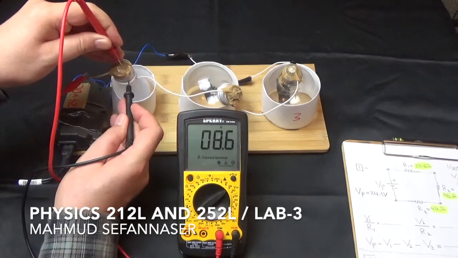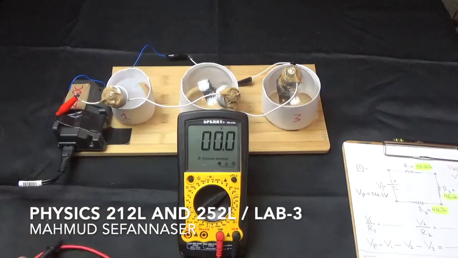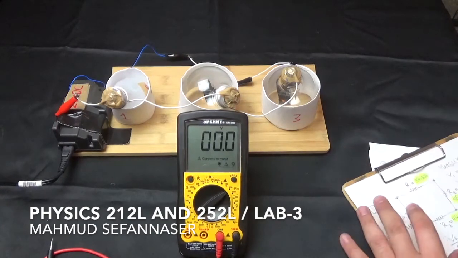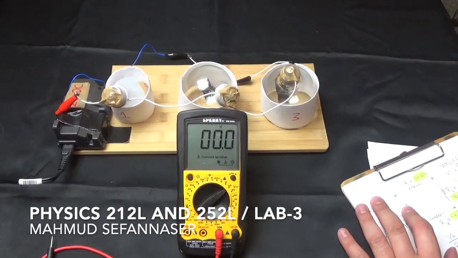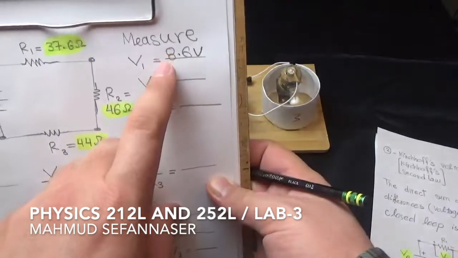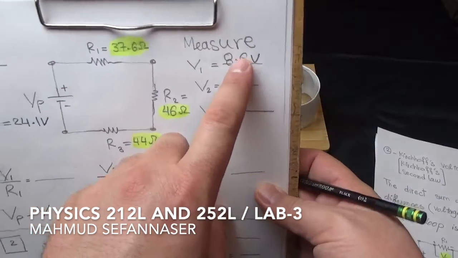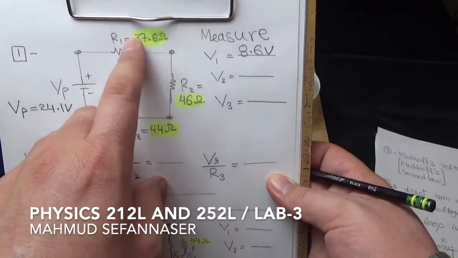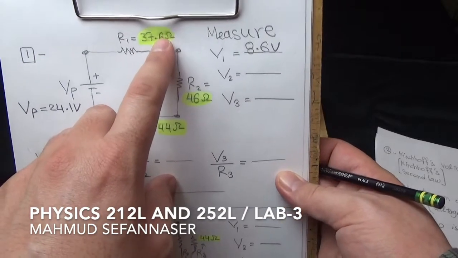Let's write that down, guys. V1 is equal to 8.6 volt. This is the voltage across R1 that has 37.6 ohms.